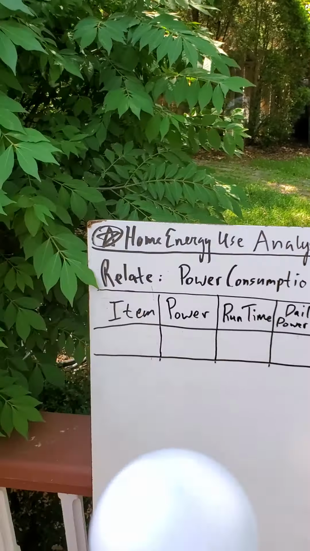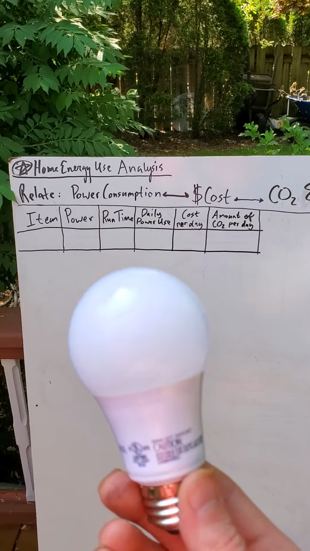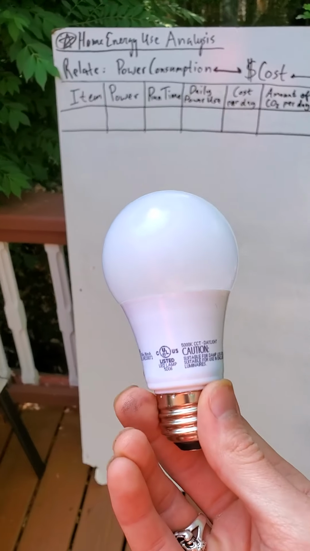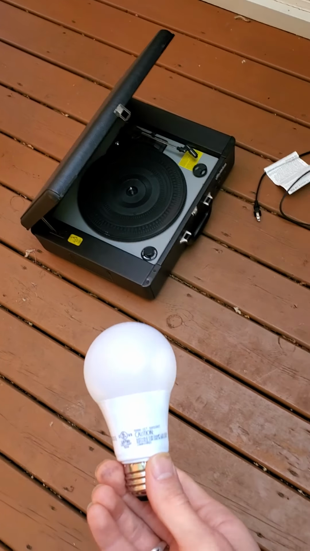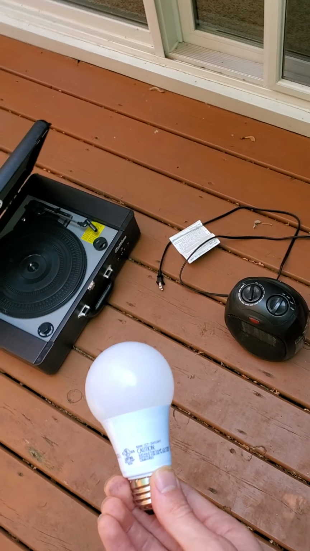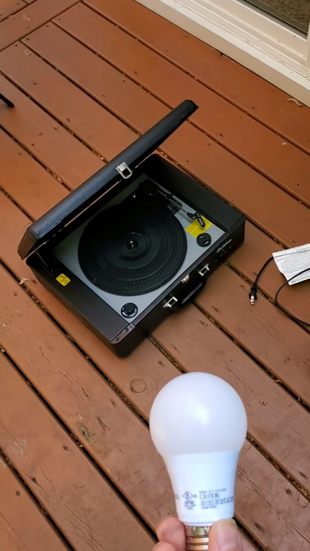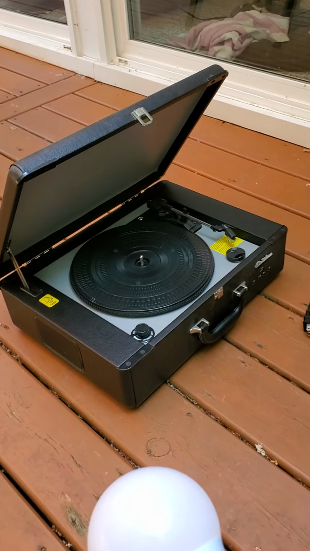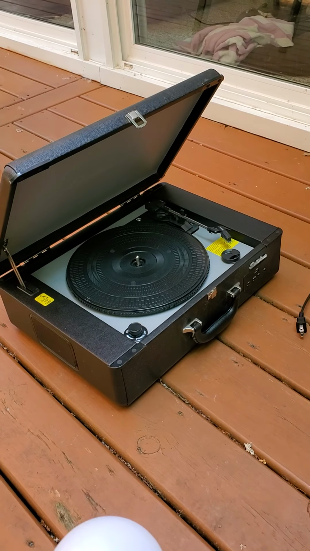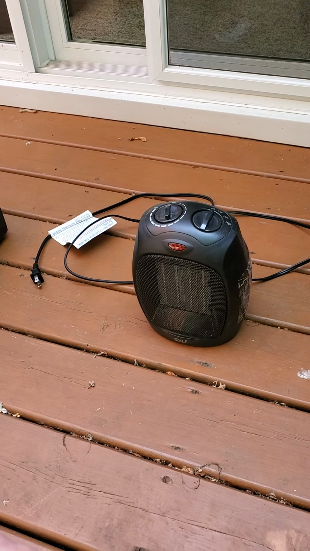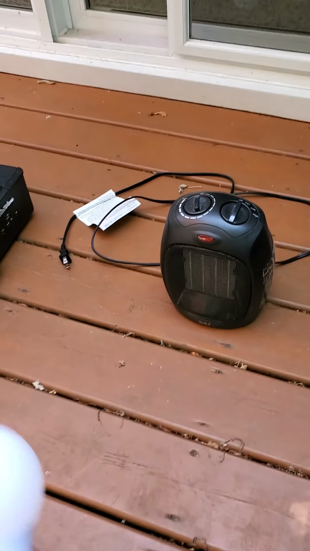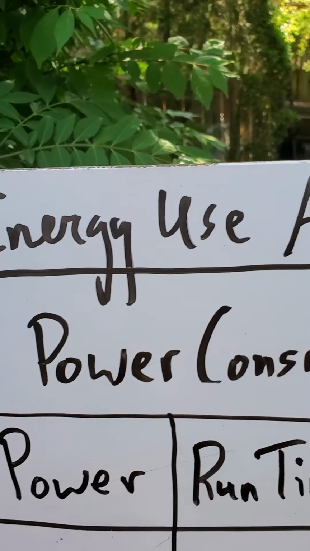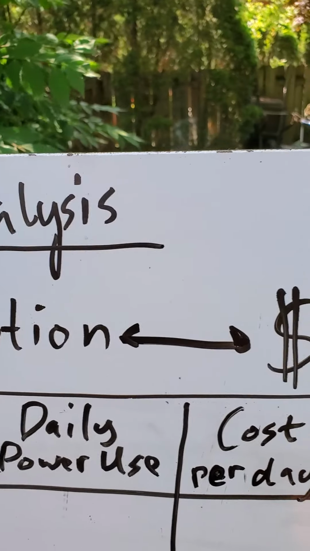So let's do a home energy use analysis where we can take different electrical objects from our house, and today I have a light bulb, I have this cool mini record player, as well as this space heater, which I use in the winter to keep me warm. So what we're going to try to figure out is how much power do these items consume?